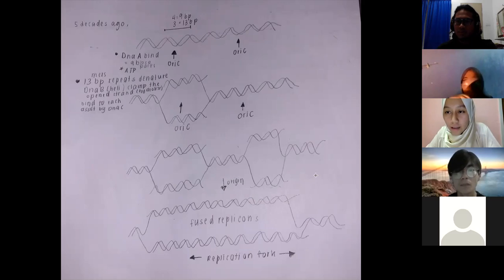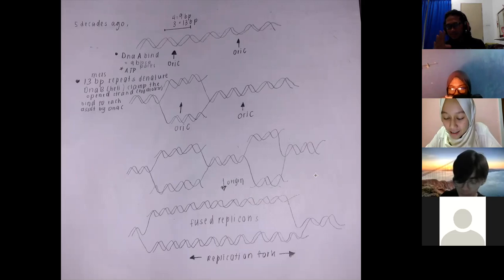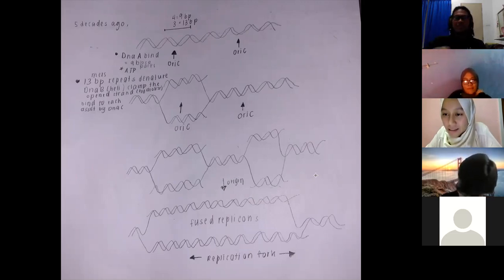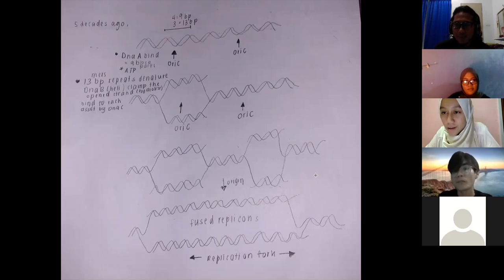I put only until DnaC because the slide only states until DnaC. I didn't go that far. I also saw the other processes when searching for the answer, but it sounds too complicated. So I just followed what the doctor has taught us.